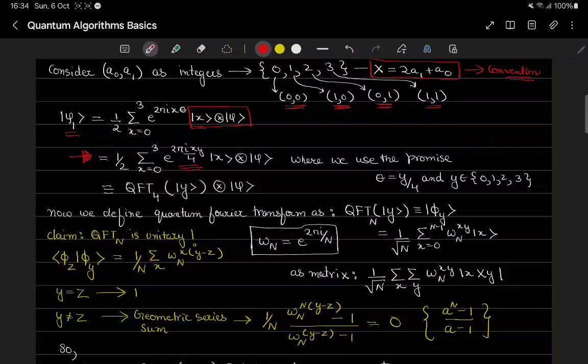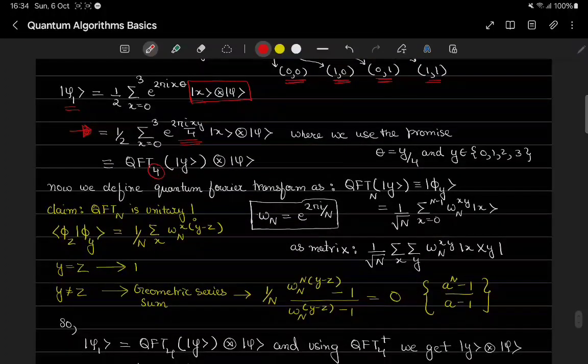Now this is said to be a quantum Fourier transform operation. So this is what I have written, QFT4, I will say what it stands for, and it is acting on y tensor psi. So now what is quantum Fourier transform operation? QFTN acting on a state y can be written as phi of y.